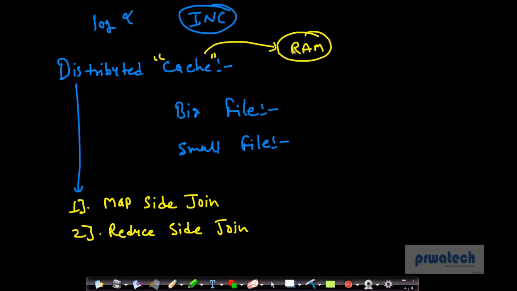But you'll be surprised that MapReduce is doing all the mapping operations in the CPU and writing mapper output in an intermediate location, which is my local file system. It is not writing in RAM. This is why MapReduce is slower compared to Spark. But this distributed cache works only with some cases, not with all cases.